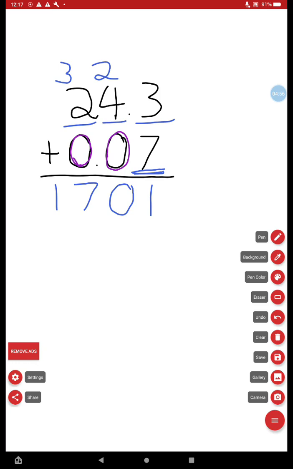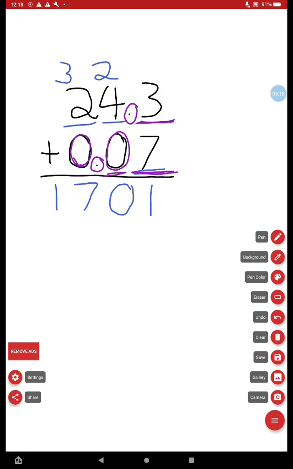Let's count decimal places now. Here's a decimal point. One number to the right. Here's a decimal point. One, two numbers to the right. So how many numbers total are to the right of the decimal point? 1, 2, 3.